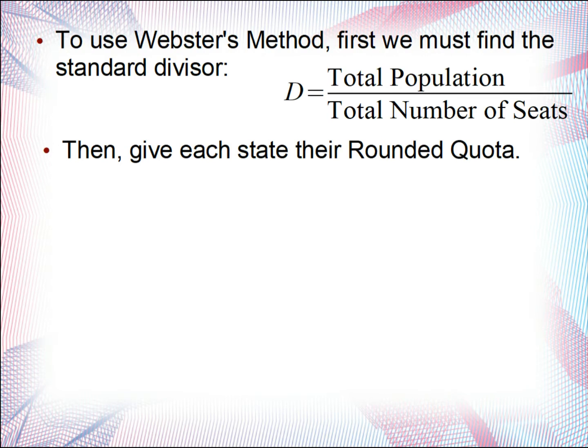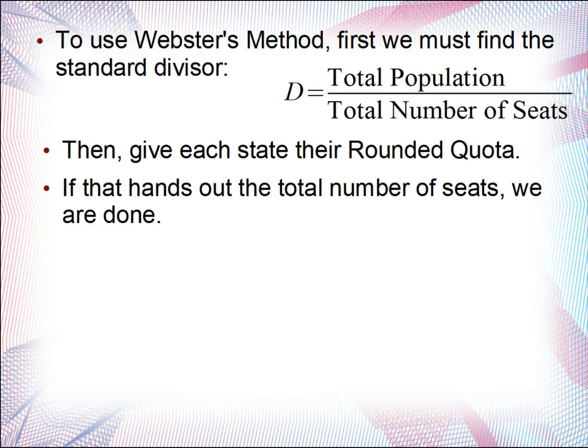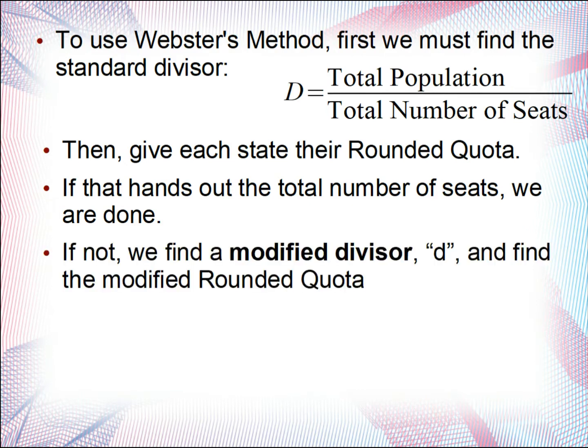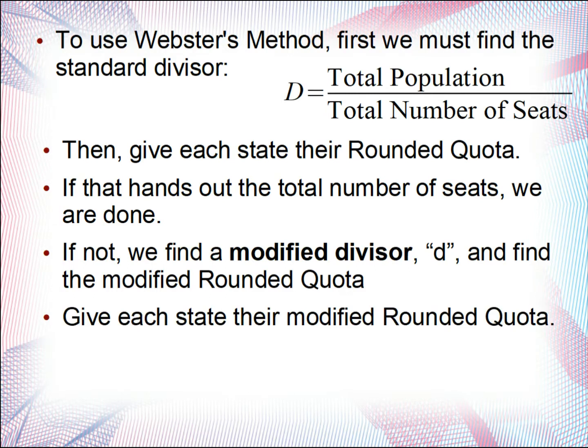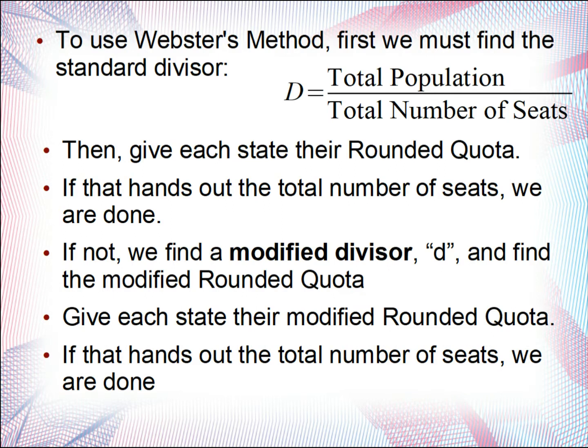So we give each state their rounded quota, and if that hands out the total number of seats, we are done. If not, we'll find a modified divisor, lowercase d, use that to find a modified standard quota and thus a modified rounded quota, and then we'll give each state their modified rounded quota, and if that hands out the total number of seats, we are done. Otherwise, we have to try again with a different modified divisor.